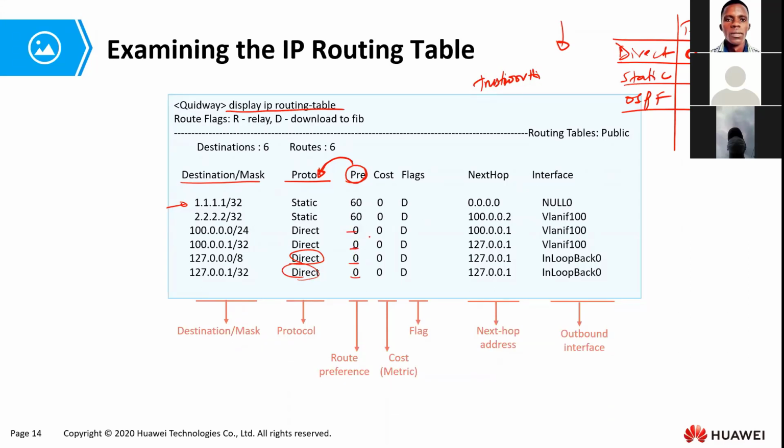Yes. For static, we attach 60. For OSPF, we attach what? 10. So we trust OSPF more than static routes. Why don't we trust static routes? Because static routes are not dynamic. If someone comes tomorrow and changes the router, which is the next hop, the static route will not adjust.